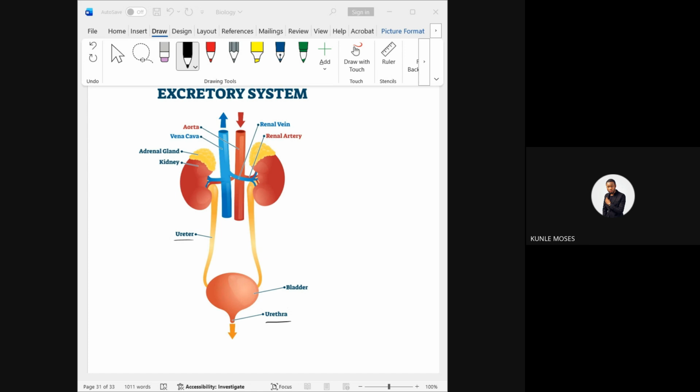So you have to pay attention to all the components in this diagram here. Very, very important. And I also try to tell you the functions of these components. The assignment that we give you now is so that the work can be easier. Everybody should do this assignment and submit it in the next biology class. You should find the functions of every organ here.